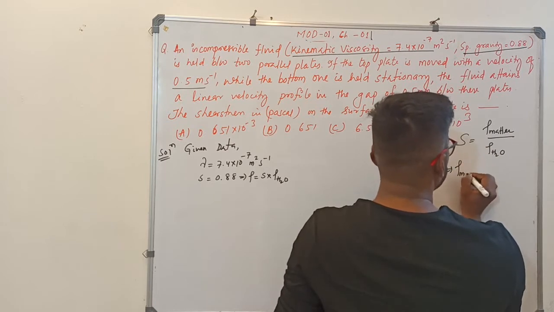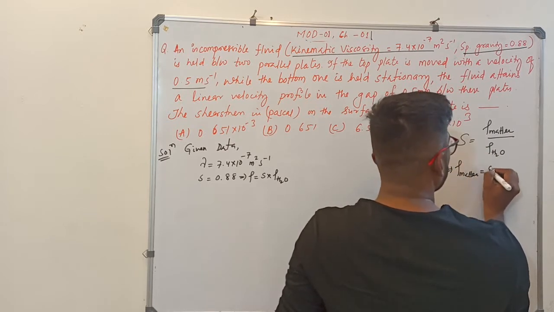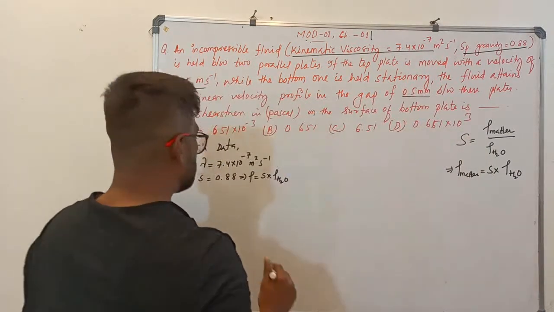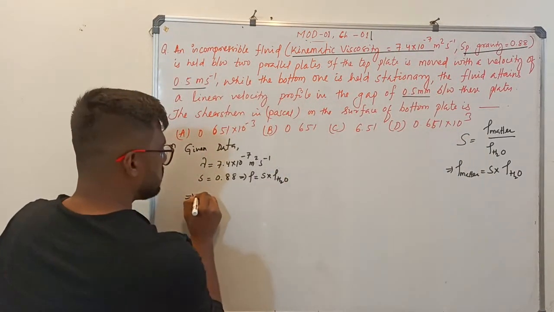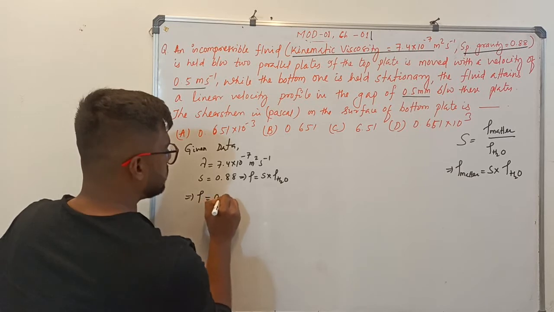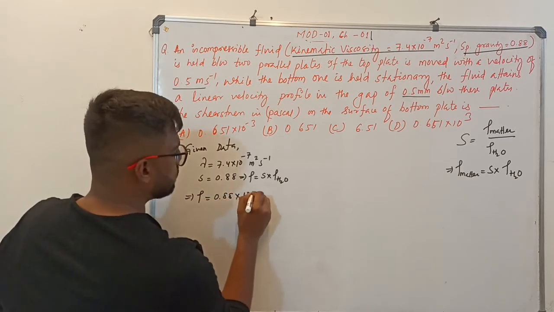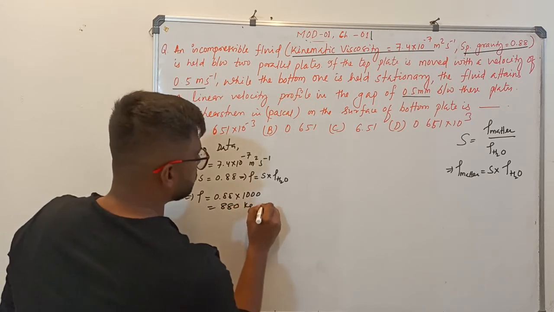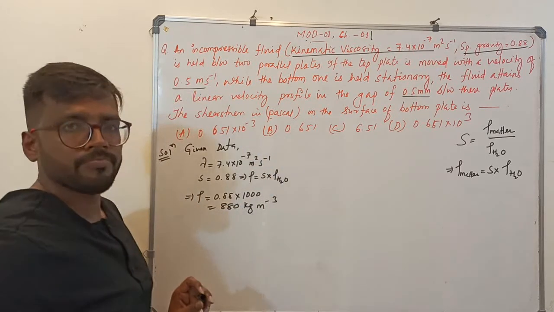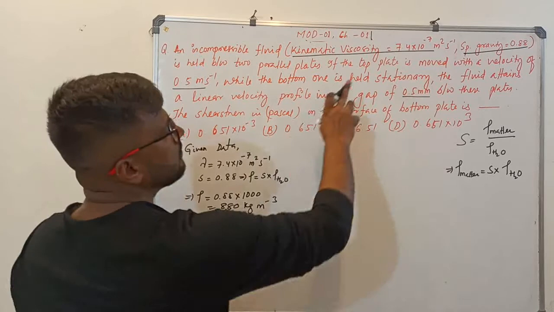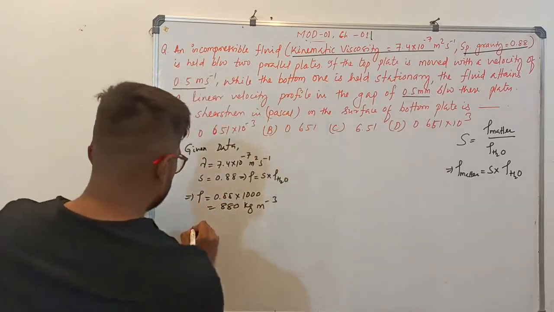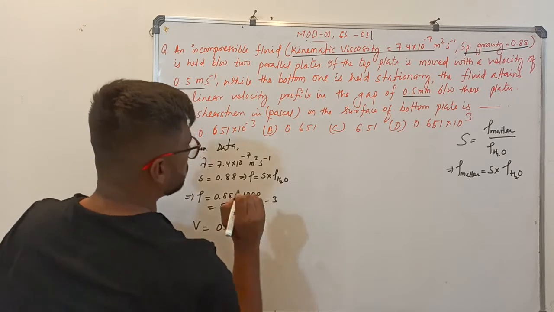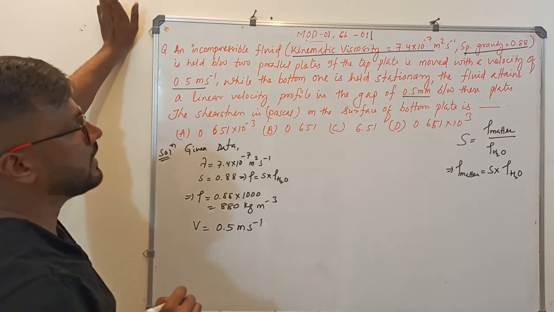So density of matter is specific gravity into density of water, that is 0.88 multiplied by 1000, which gives 880 kg per meter cube. Then the velocity V is 0.5 meter per second, already in SI unit.